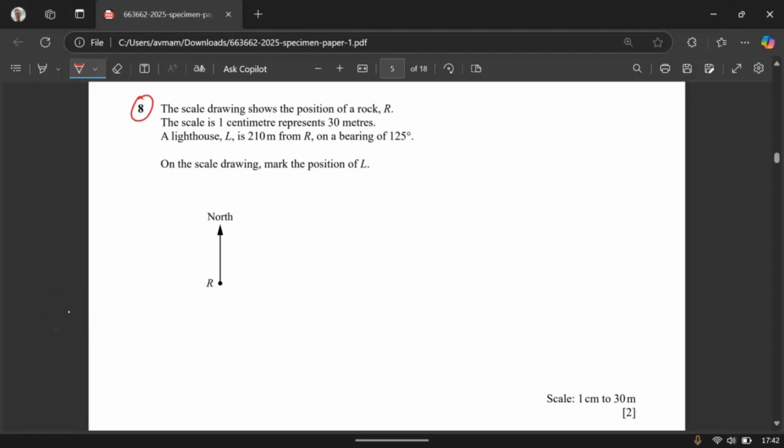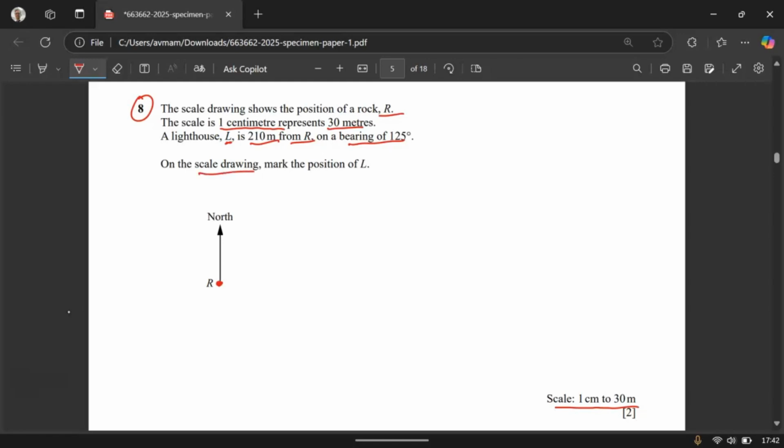Question number 8. The scale drawing shows the position of a rock R. Here we have, that's R. The scale is 1 centimeter represents 30 meters, which is given at the bottom over here. A lighthouse L is 210 meters from R on a bearing of 125 degrees.